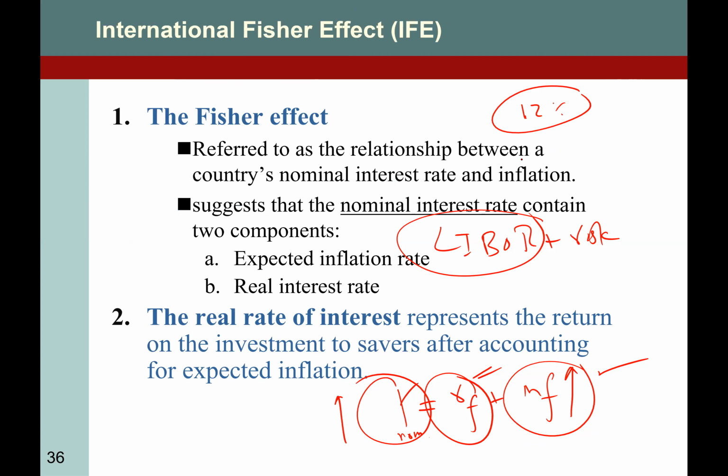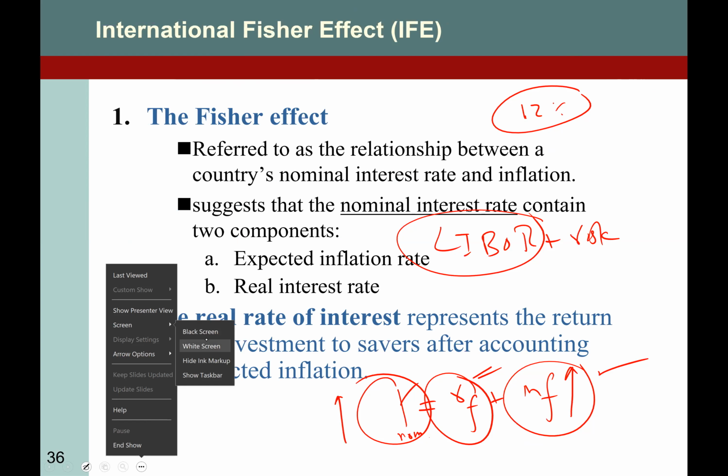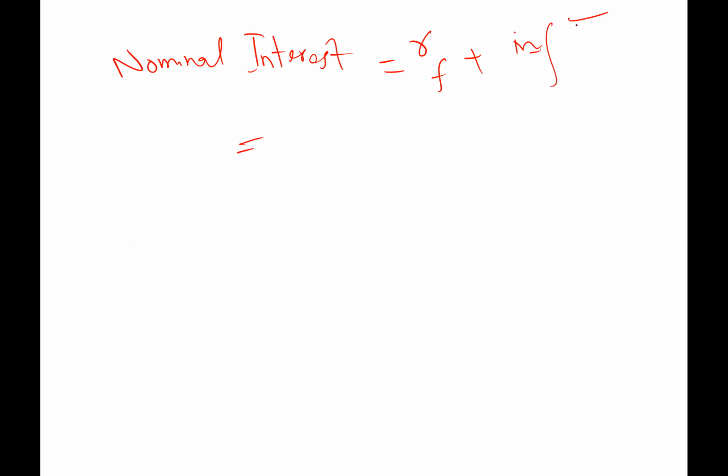For example, let me give you the example on a whiteboard. So the nominal interest rate is, let me write it down here, the risk-free rate plus inflation. The component of inflation here is not like 10% inflation where you just put 10% here.